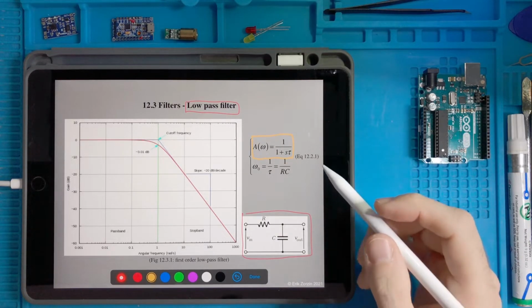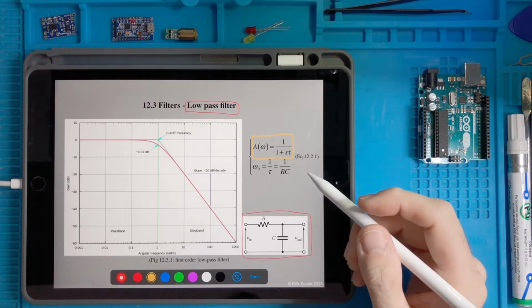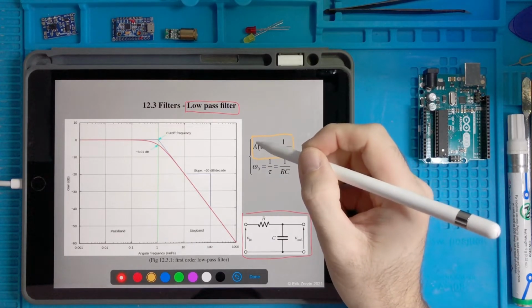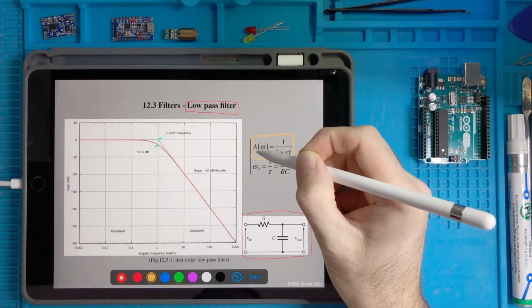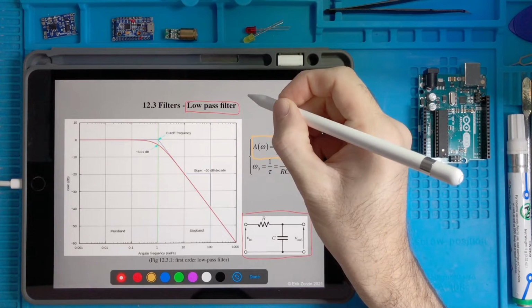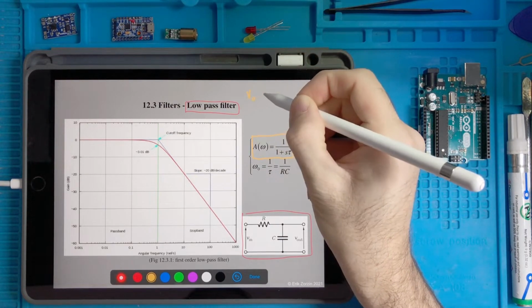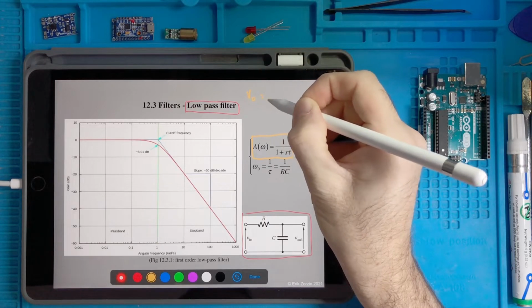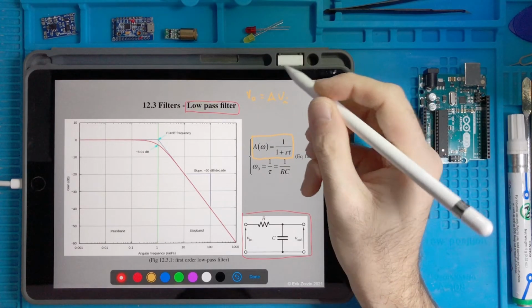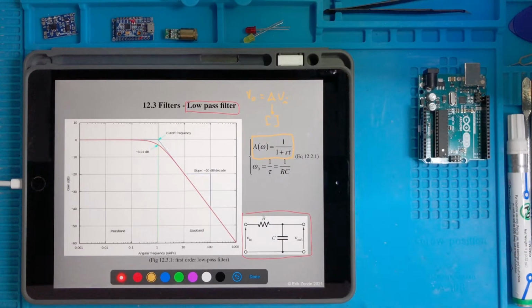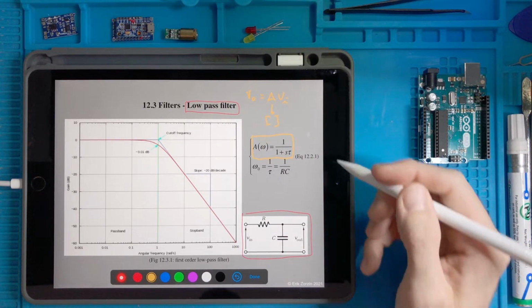So we may notice that because this thing is a proportion between the input and the output, the input is measured in volts and the output is measured also in volts, it means that the units of A is nothing, it's unitless, it's a pure number.